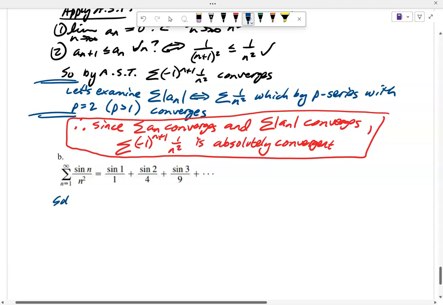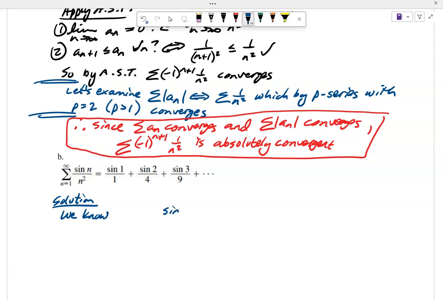So on this one, the signs do not alternate. They do contain positive and negative terms, but I can't apply the alternating series test because it doesn't go positive, negative, or vice versa, right? But we do know that the sine of n values are always between negative 1 and 1, right?